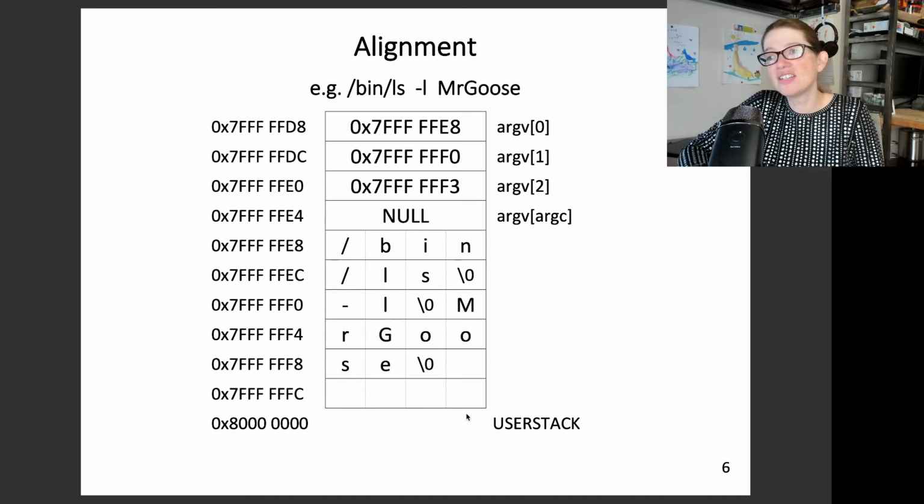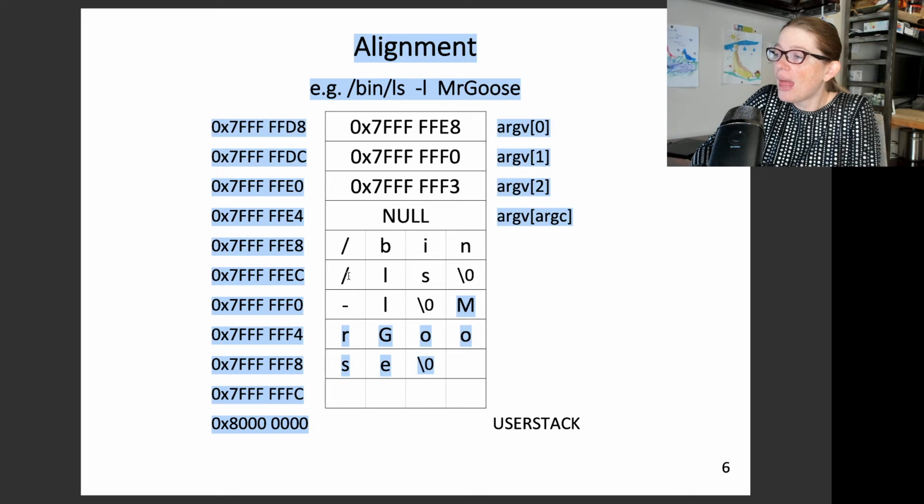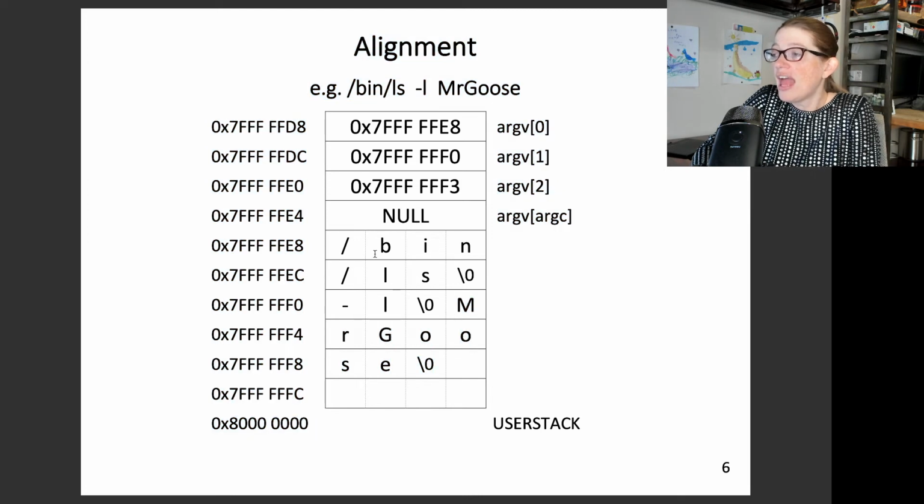That's okay. Extra padding should just be set to 0, and that's totally fine. Extra padding, zeros, put it wherever you need to make this work. So I've got Mr. Goose here. And then above it, I have the other string, which is -L. And then I also have the program name, which is also considered an argument. So we've got all 3 of our arguments here.